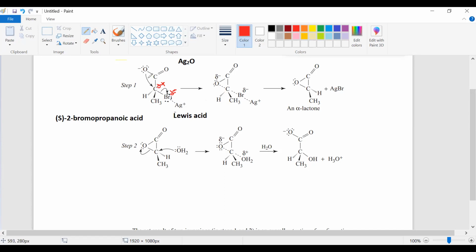You will have a partial formation of a bond between oxygen and carbon, the partial bond breaking process you have here, and the partial AgBr bond formation here. Once you have that, you will actually get a C-O bond here. Once AgBr is formed, it will carry with it its electron density.